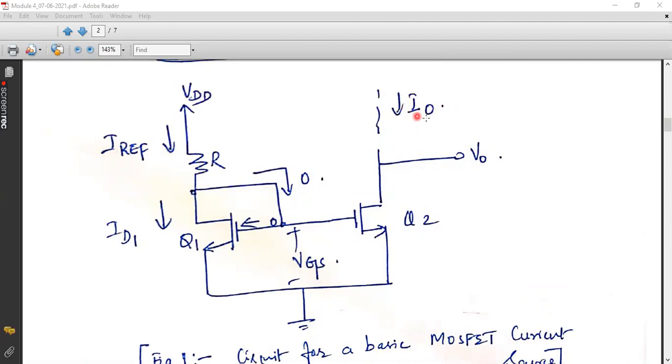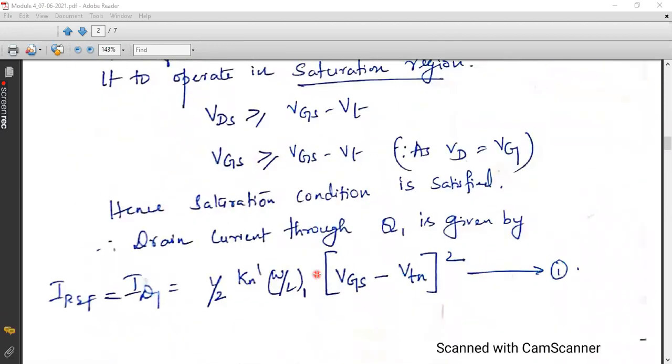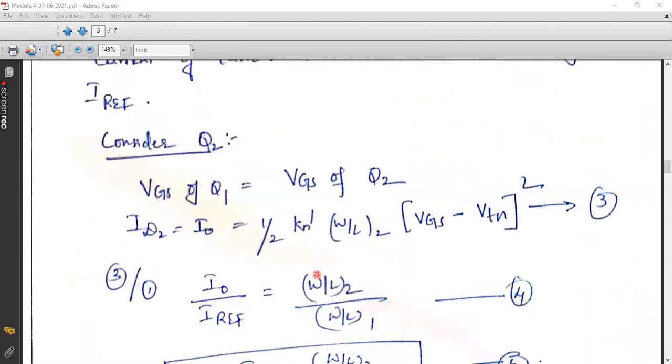I'm going to generate I0 from IREF by making use of Q2, and what I'm doing is shorting the gate terminals together and the source terminals together. So considering Q2, you know that VGS of Q1 is equal to VGS of Q2.